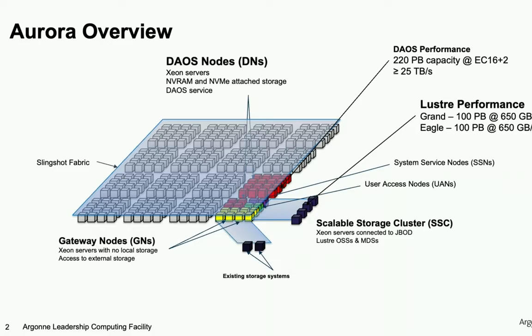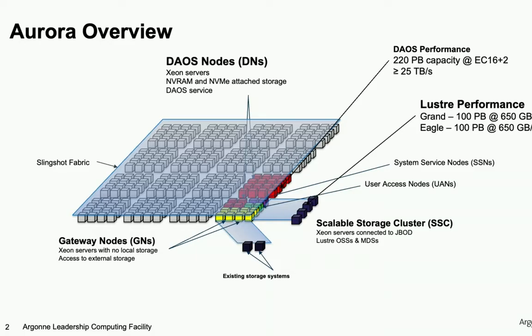The blue rectangle that covers all of these things is the high-speed interconnect. One of the takeaways from this diagram is that DAOS is connected directly to the high-speed interconnect, a configuration sometimes referred to as platform storage.